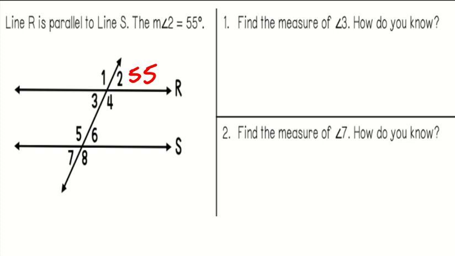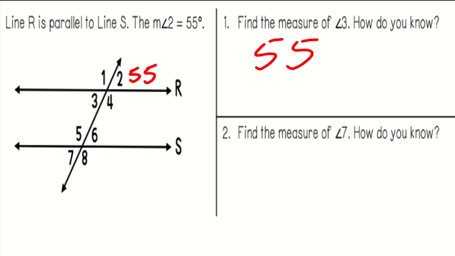Measure of angle 3, Jaden. 55 is correct. We know that because 2 and 3 are vertical angles. They're straight across from each other. That makes them the same. All right, angle 7.